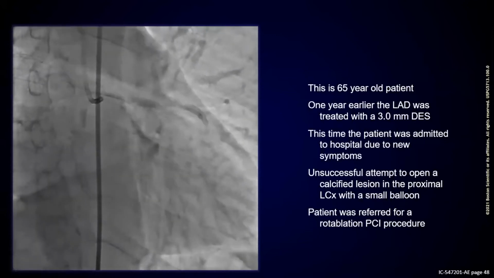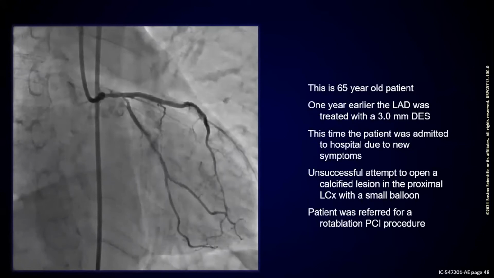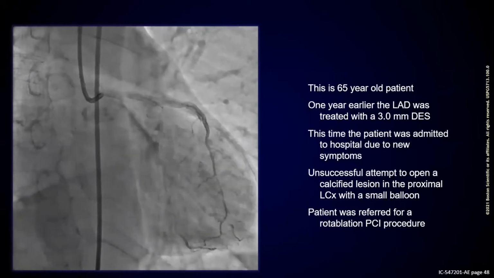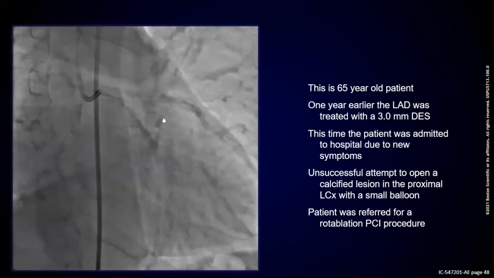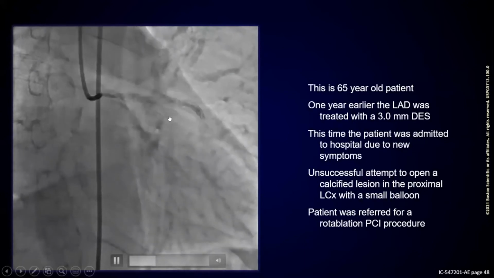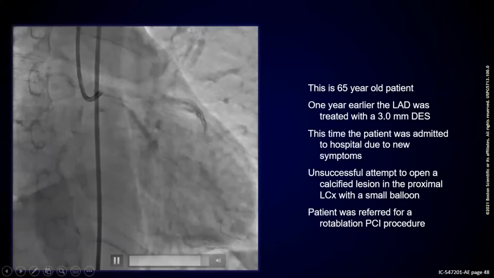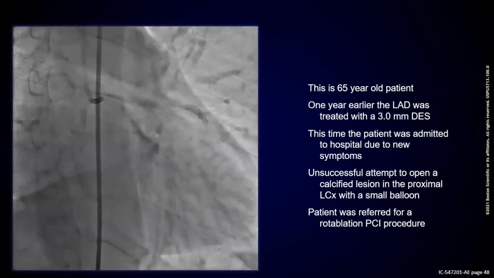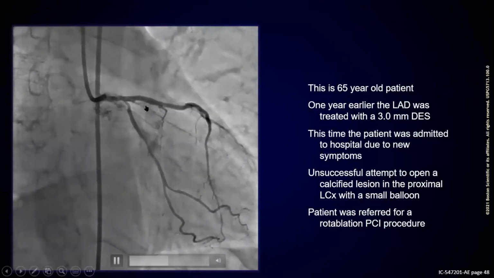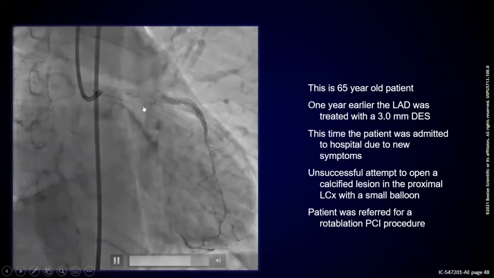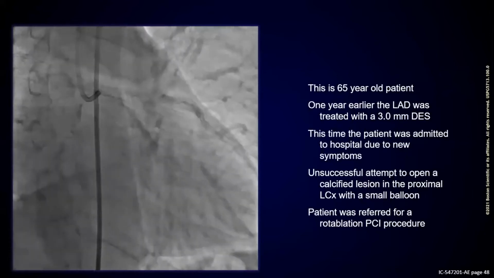Somebody tried to go through the circumflex ostium, but failed, and therefore referred him to someone else. Yeah, I guess what we're seeing here is probably an issue with stent undersizing in this vessel. Normally in a 65-year-old male, you would expect the vessel to be a lot bigger than 3 millimeters. It's always useful to know the size of the stent and whether they've post-dilated.